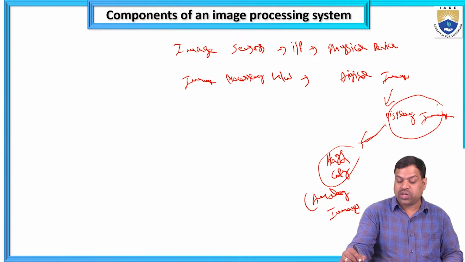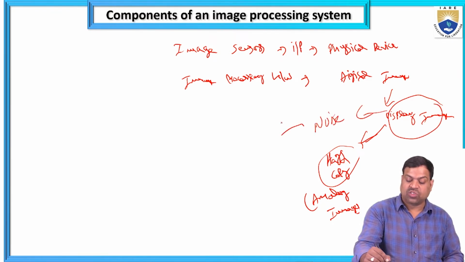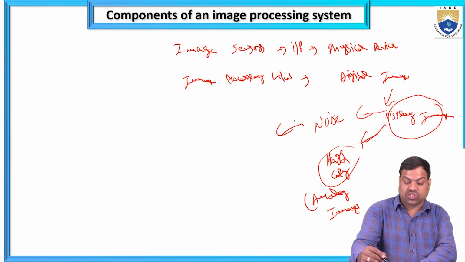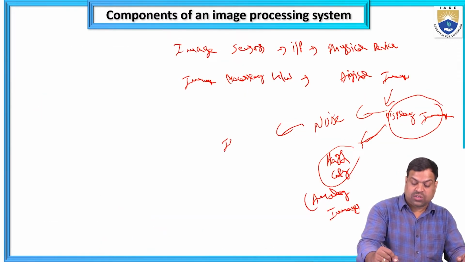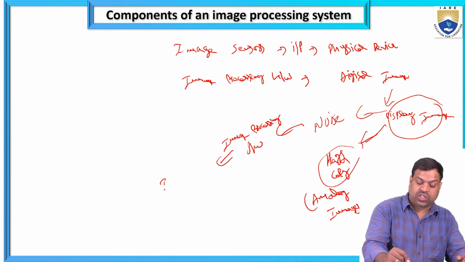Suppose in the display image there is some noise. What can I do? With the help of the image processing software, I will perform image enhancement.